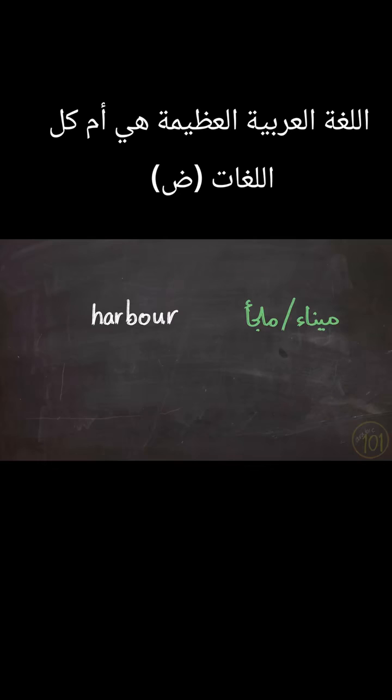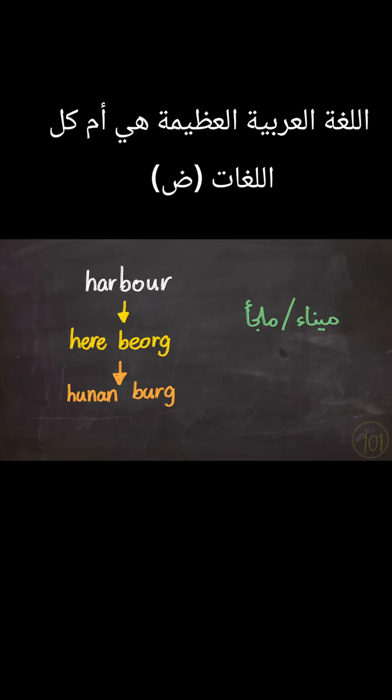However, when we dig deeper and check the Anglo-Saxon or the Germanic origin of this word, we'll find that the word harbor came from this word, Heerbeorg, and this word itself, in turn, developed from Hunenberg. And at this point, you can already hear and see how similar it sounds to the Arabic phrase Huna Burj, Hunenberg.